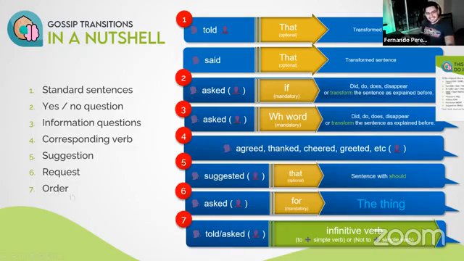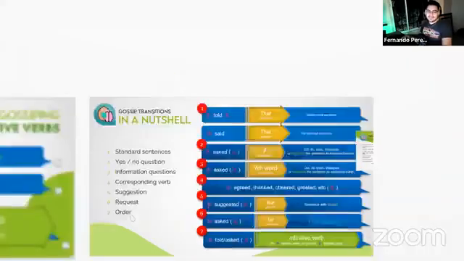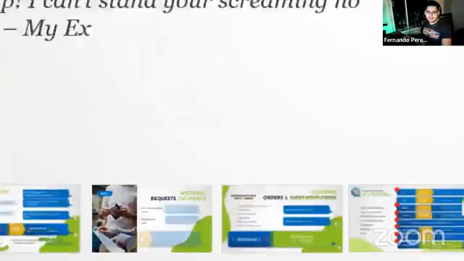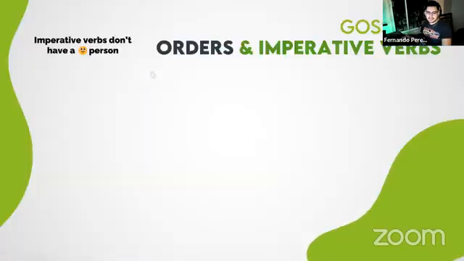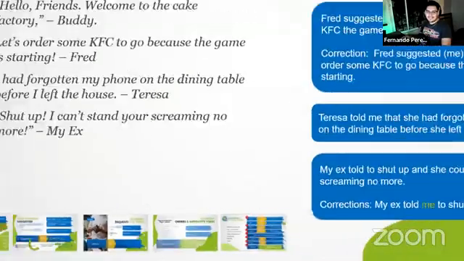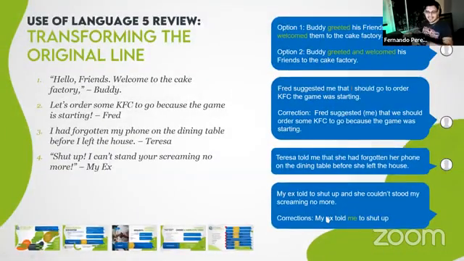Yes, this is an order, because we are talking about an imperative verb, like go away, turn it down, close the window. The sentences start with a verb. Therefore, this segment is Formula 7.